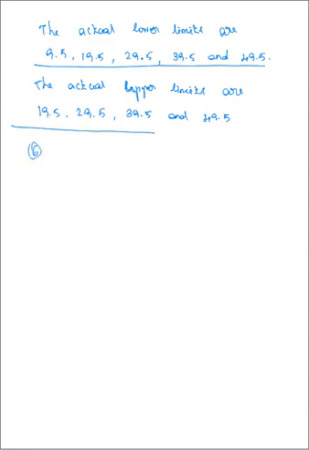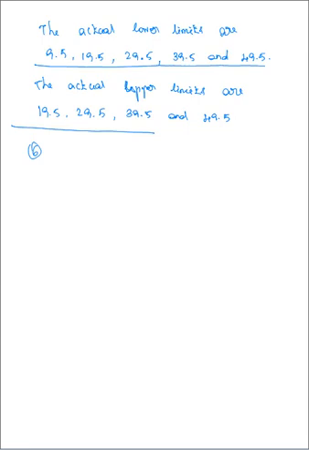Find the actual lower and upper class limit and also the class mark of the class. For actual lower limit and upper class limit, like the previous sum, we need to find out the adjustment factor.